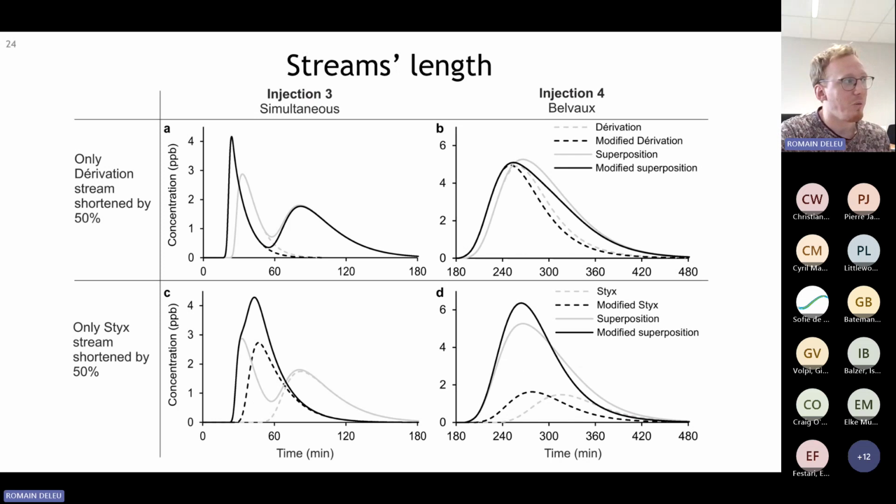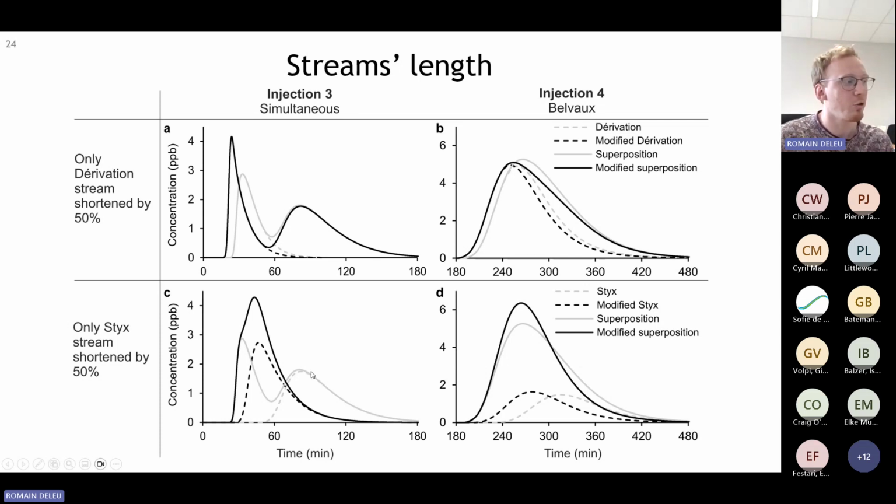If we change the stream length, so for example, here the first column is for injection 3, so the injection done close to the system. If we shorten the diffluence stream, well, the first peak arrives even earlier. So it means that the double peak is even more clear. But if we change the other stream, well, the second peak this time comes earlier.